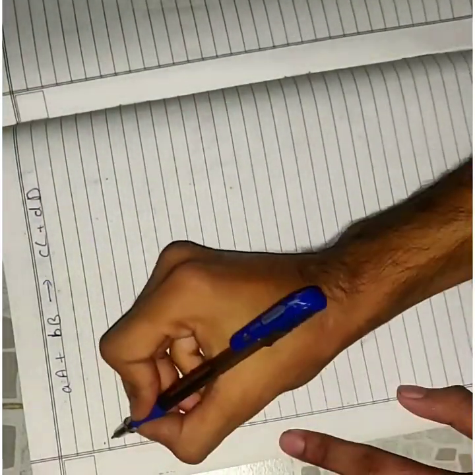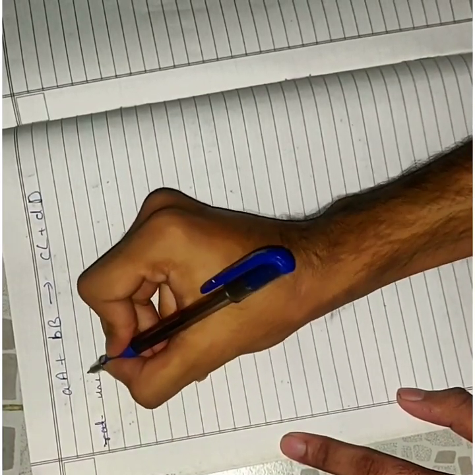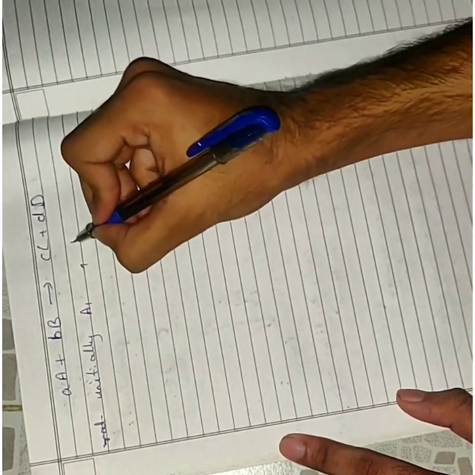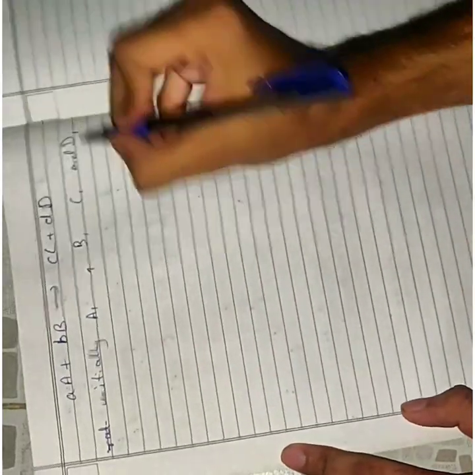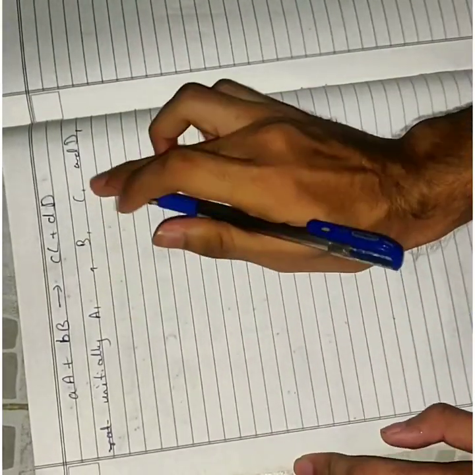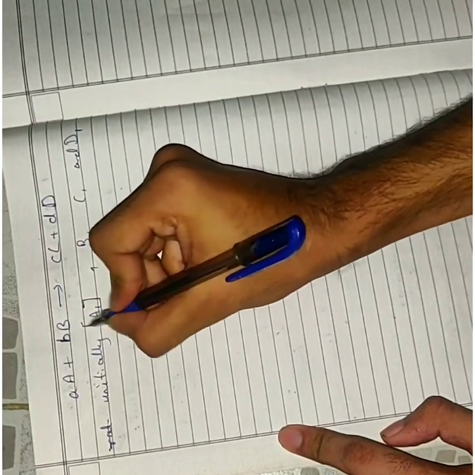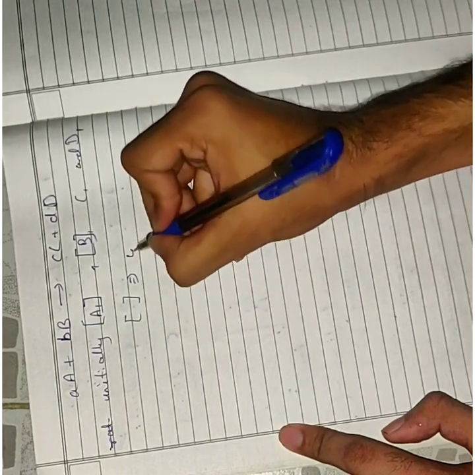So rate, let us take initially A1, B1, C1 and D1 as the concentrations of A, B, C and D respectively. Now to represent concentration, I will indicate a square bracket. Here the square bracket means concentration.